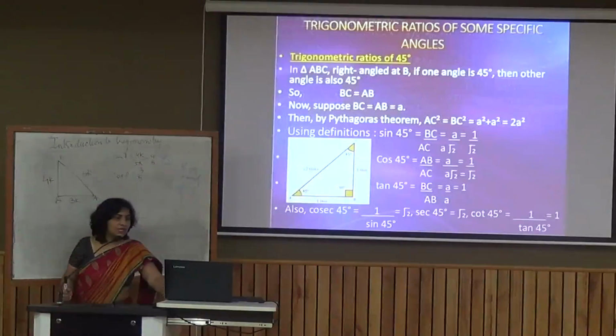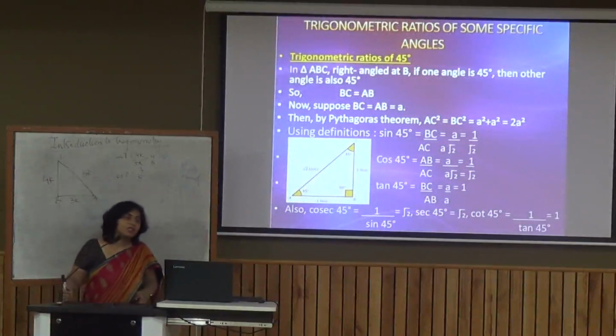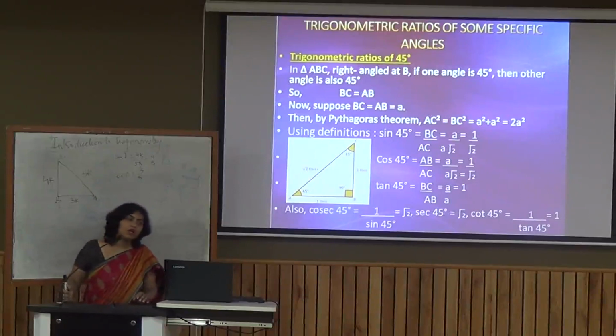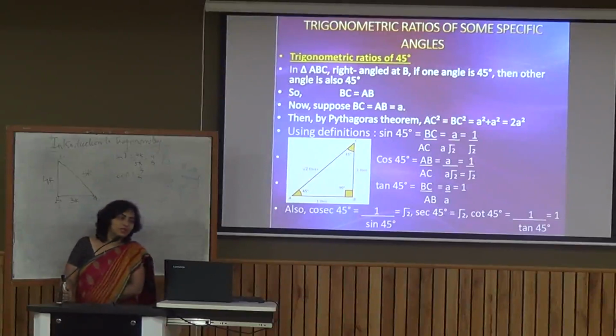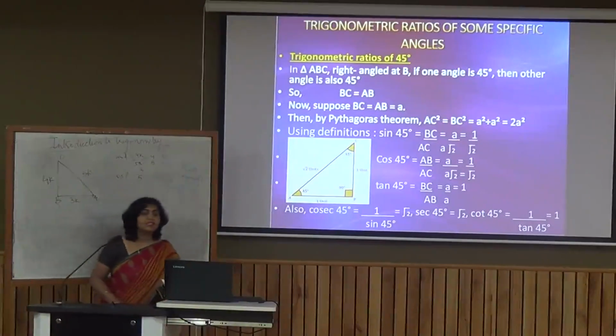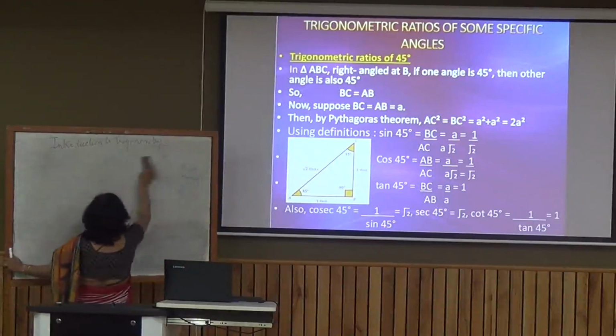Now let us see how we can calculate ratios of some specific angles. Let us first consider the trigonometric ratios of 45 degrees. For that we draw a right isosceles triangle. In an isosceles right triangle, there is one angle of 90 degrees and the other two are 45 degrees. That means the legs other than the hypotenuse are of the same length.